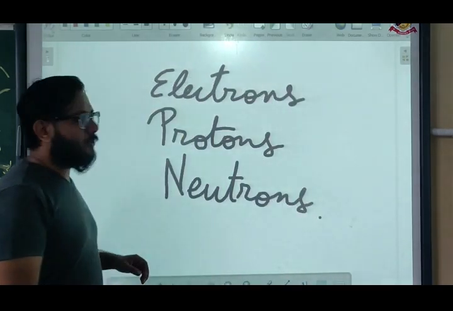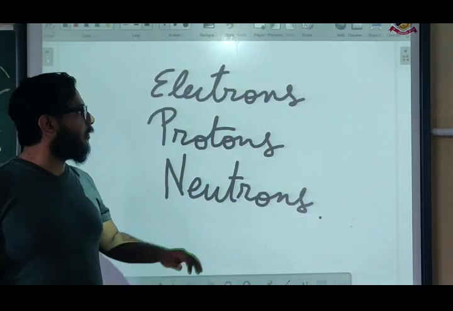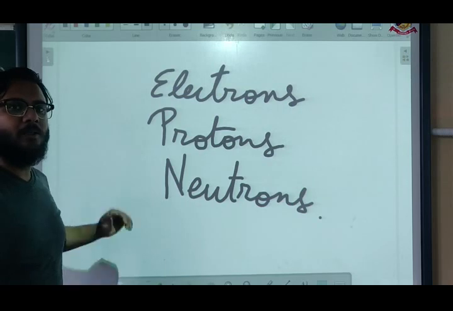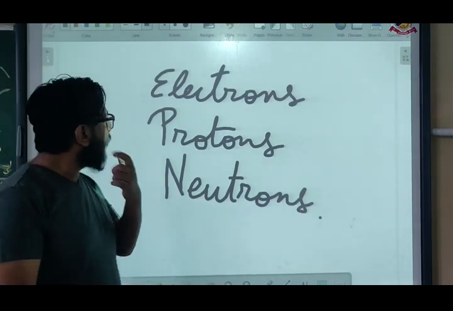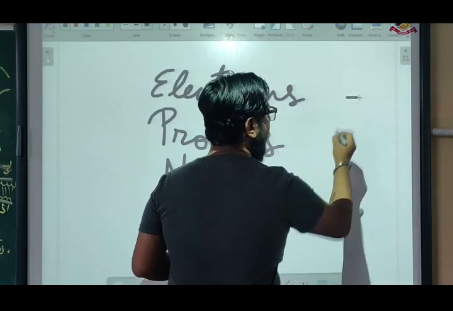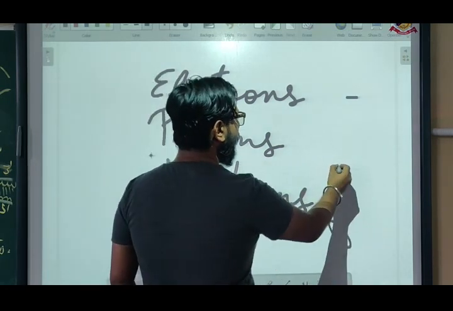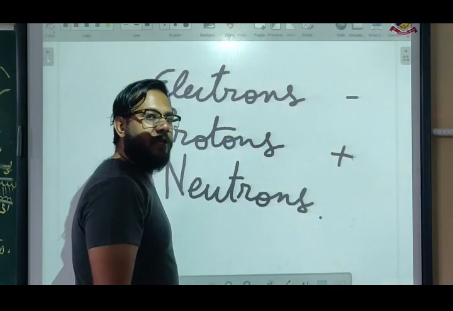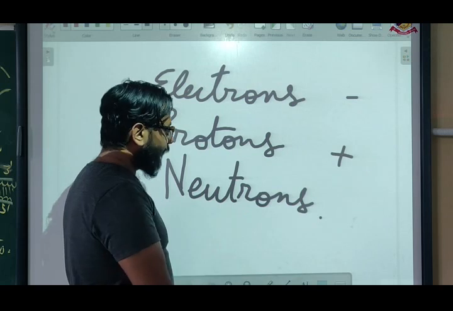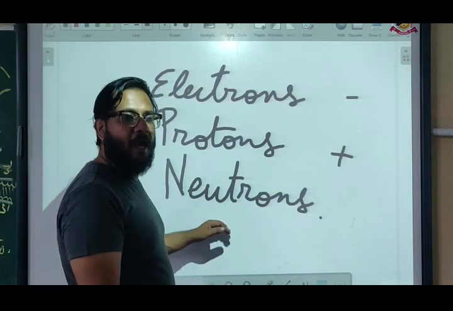So atoms can be further divided into electrons, protons, and neutrons. Electrons are negatively charged, protons are positively charged, and neutrons have no charge.